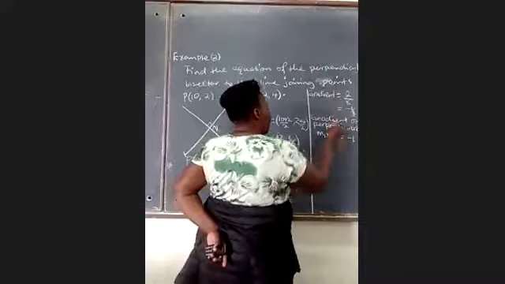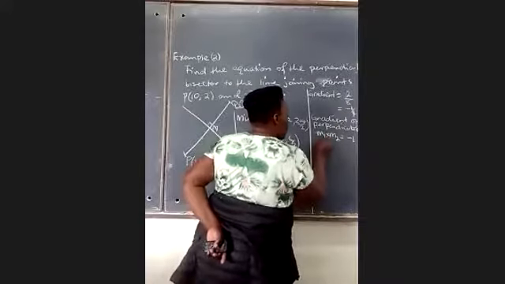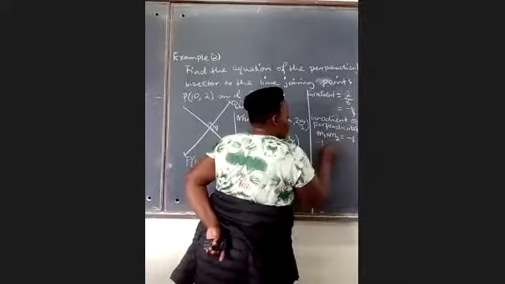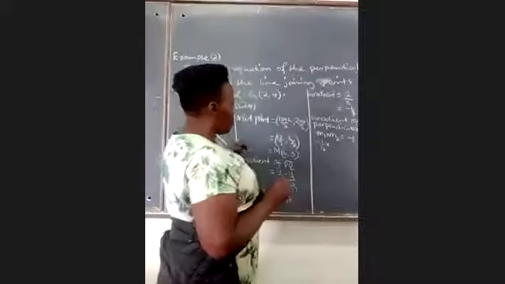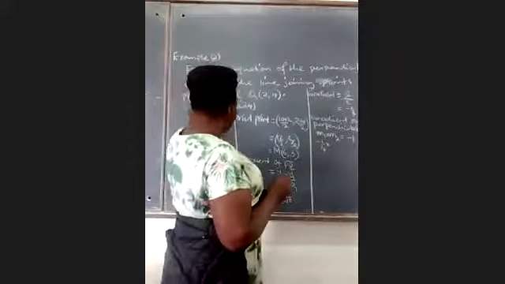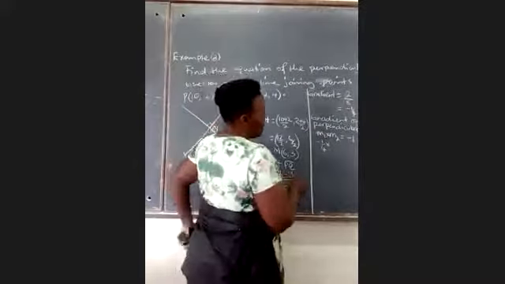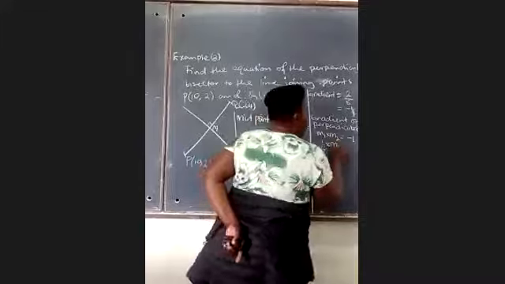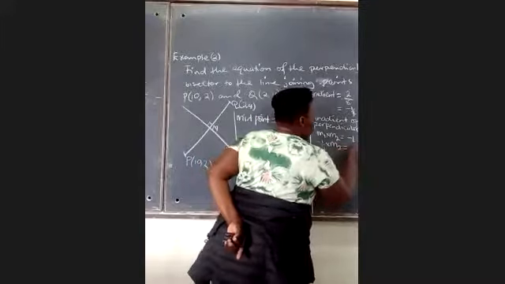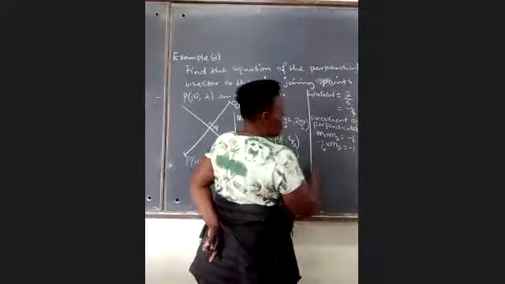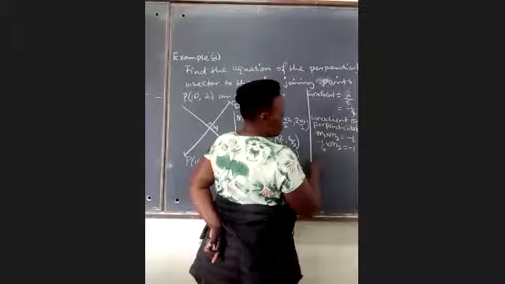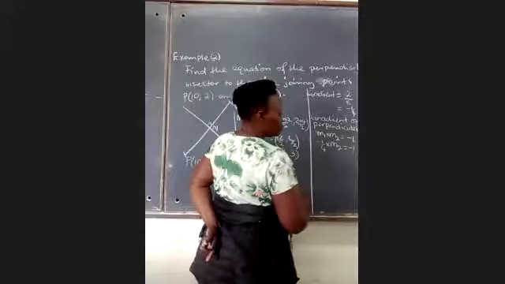If this is our M1, which is -1 out of 4, times M2, where M2 is the gradient of the line perpendicular to PQ, it gives us -1. So what is M2? -1 out of 4 M2 is equal to -1.